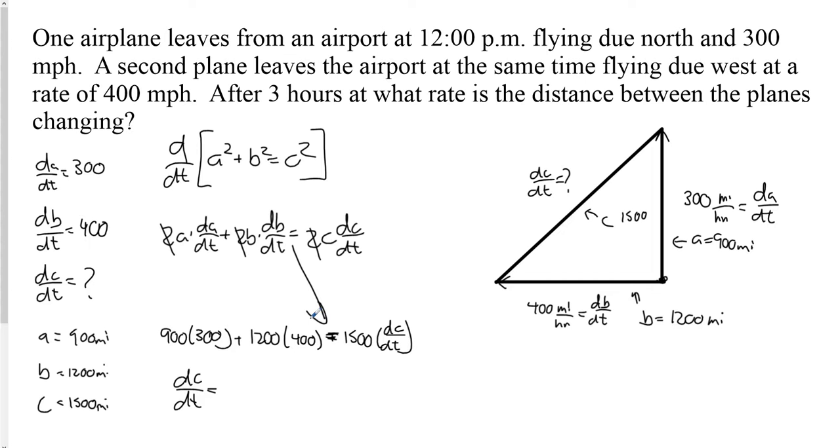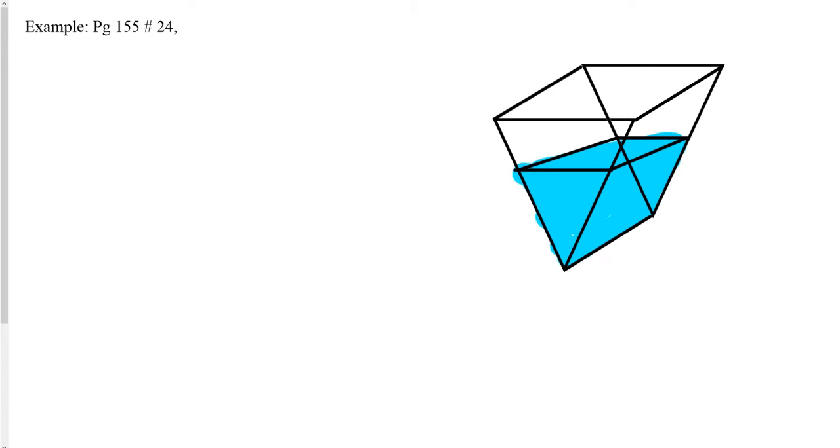And then I divide that by 1,500, and we do get 500 miles per hour. And again, we already knew that, but we showed that the application does hold true. And we needed to do that because this next one is a skosh more challenging.